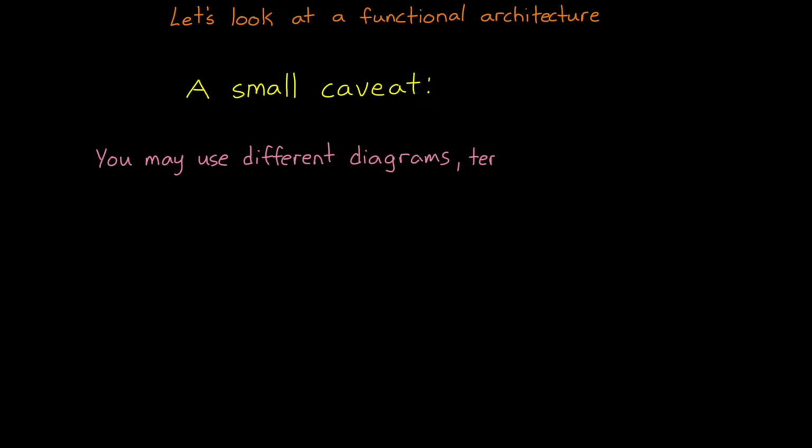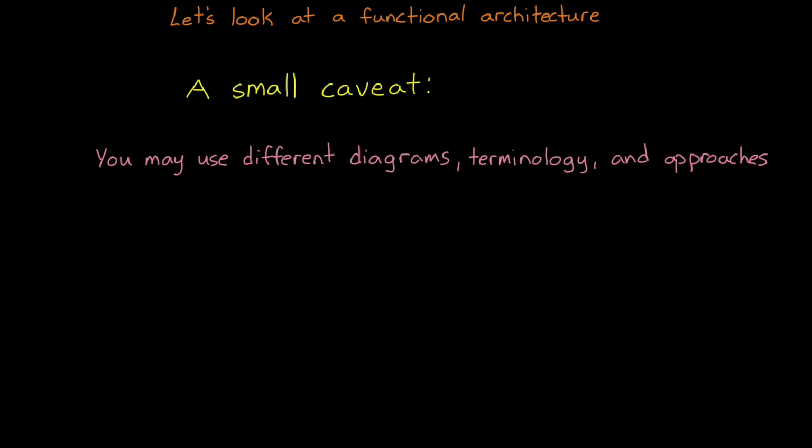To give you a sense of why architectures are important, let's focus on the benefits and uses of a functional architecture. But as a quick aside, I want to mention a small caveat here. Systems engineering is a broad term that is interpreted differently depending on the industry you're in. You might use different types of diagrams and terminology and approaches to developing complex projects than what I explained in this video.